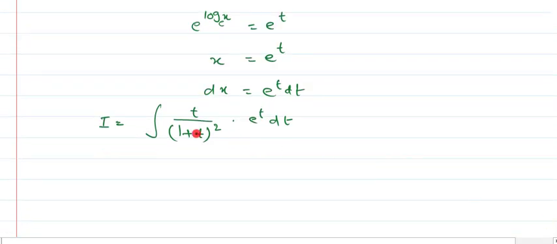So now I hope you understood what to do. This is very much the same as we have just done in the previous example. Add 1 and subtract 1, separate the two, then one term, that is minus 1 upon (1 plus t) whole square, will be the derivative of 1 upon (1 plus t). So move in the same way and solve the problem.